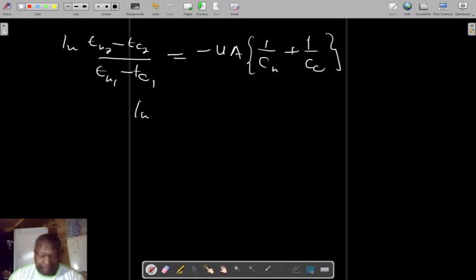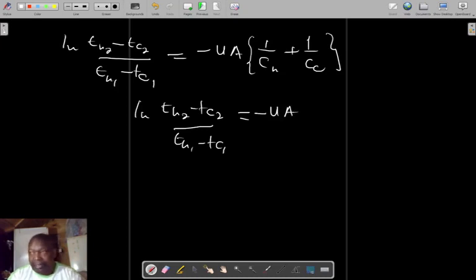So ln of (Th2 minus Tc2) over (Th1 minus Tc1) is equal to minus UA. I'll bring Ch outside there such that I'll have 1 here and then plus Ch over Cc down there.